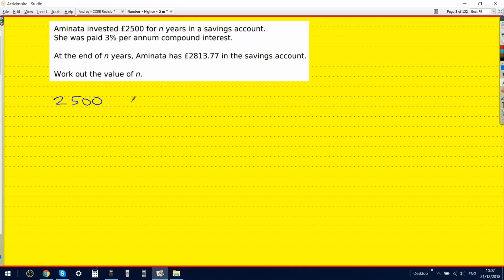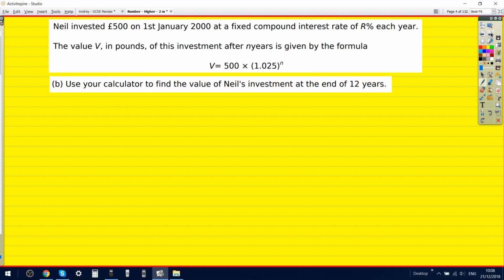You did it again. To the power of times 0.03 to the power of n. Close. What should be here? Or 1. Yes. Okay, and then you just sub in different things for n. Oh, sorry. That's going to be equal to 2813.77. And you could just go from there.